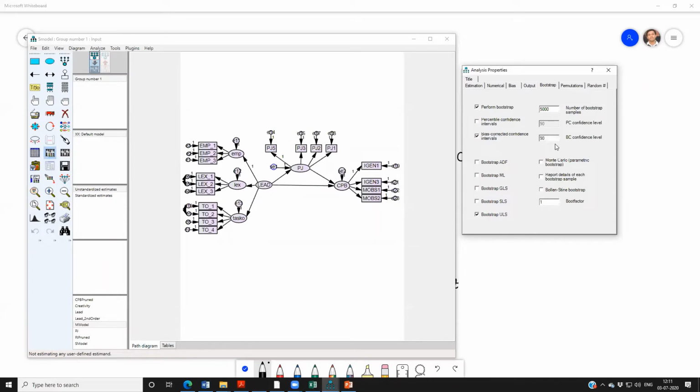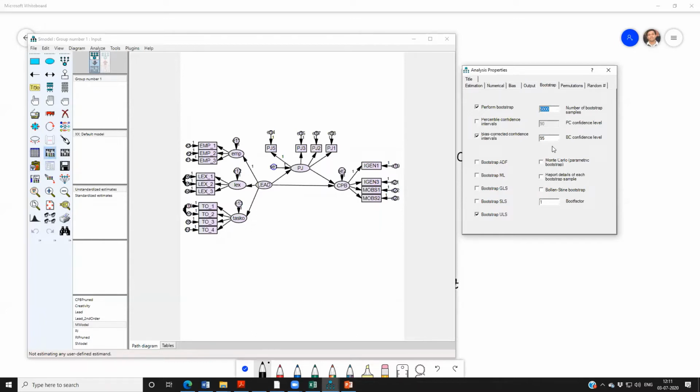And then report the bias corrected confidence interval, and I am going to set it at 95%. So these are the two picks you have to perform. One is bootstrap samples, select 5,000 samples, or maybe go up to 10,000. Don't go below 5,000.